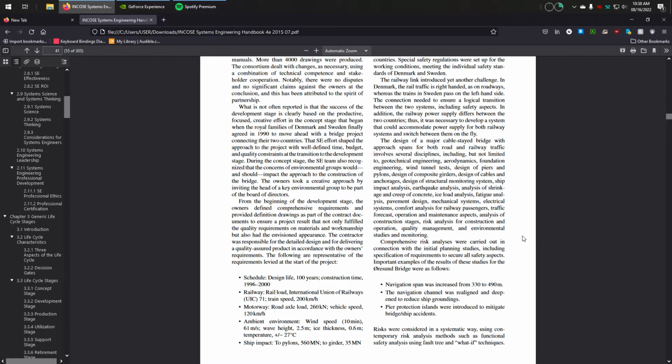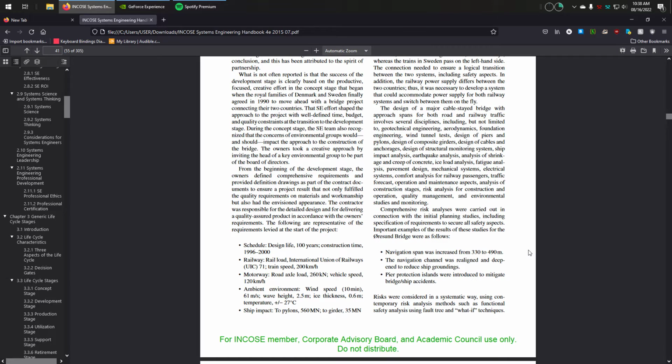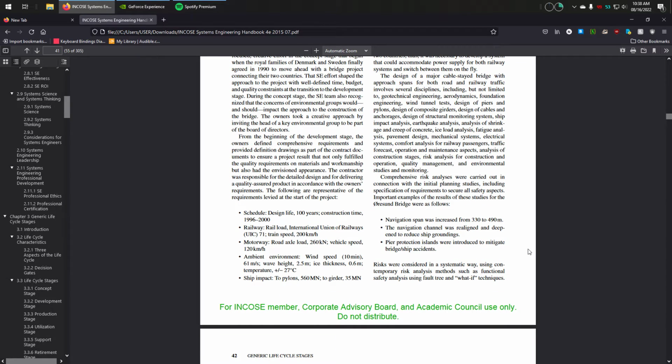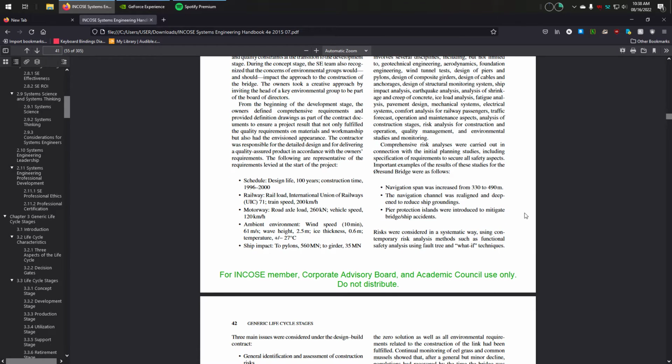Comprehensive risk analyses were carried out in connection with the initial planning studies, including specification of requirements to secure all safety aspects. Important examples of the results of these studies for the Øresund Bridge were as follows. Navigation span was increased from 330 meters to 490 meters.